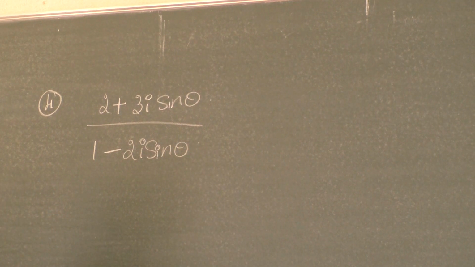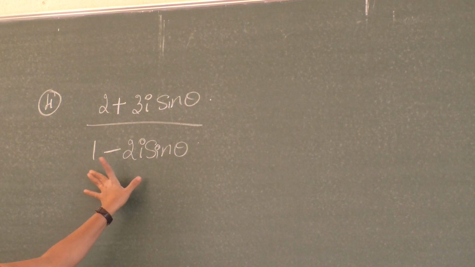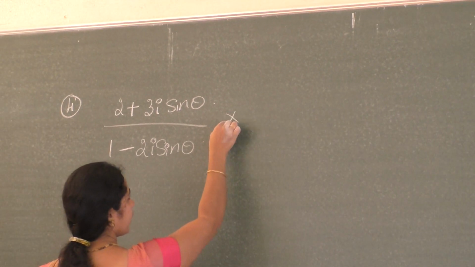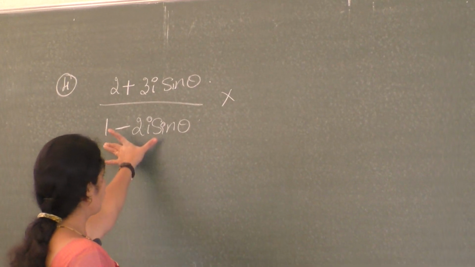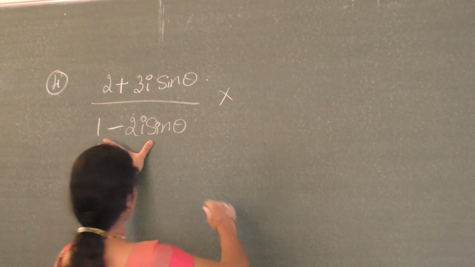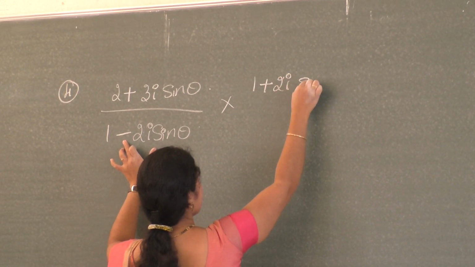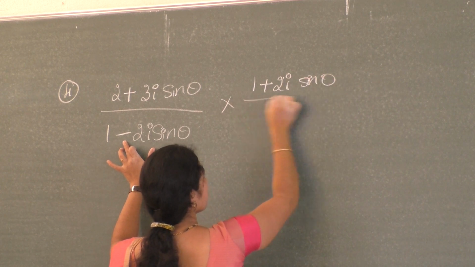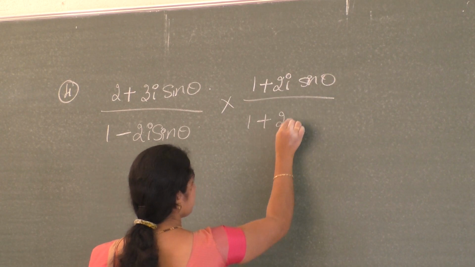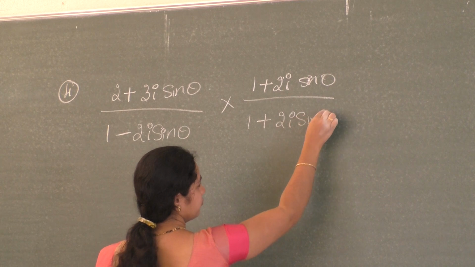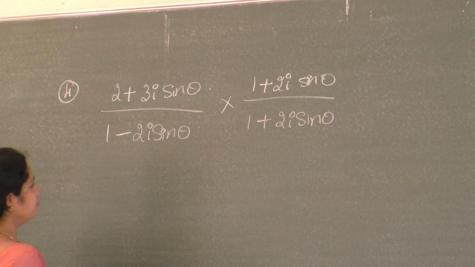Here the denominator contains a complex number, therefore we need to multiply and divide it by its conjugate. What is the conjugate here? 1 plus 2i sin theta, divided by 1 plus 2i sin theta, multiply.